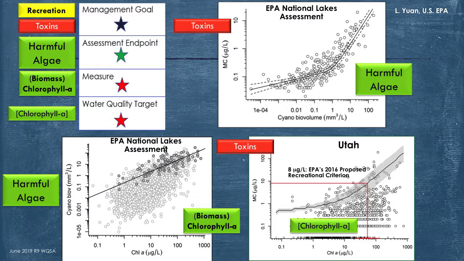So then what Utah did, working with Lester, said, we want to see how we do. So they plotted their data for their lakes on here, and they said, you know what? This relationship works. It seems consistent with our expectation of how chlorophyll A, which you can't see here, and microcystin relate. And EPA developed a microcystin number, which is the old one, 8.